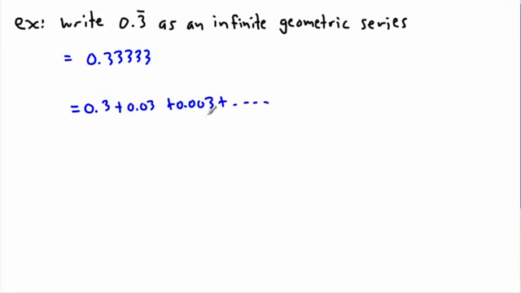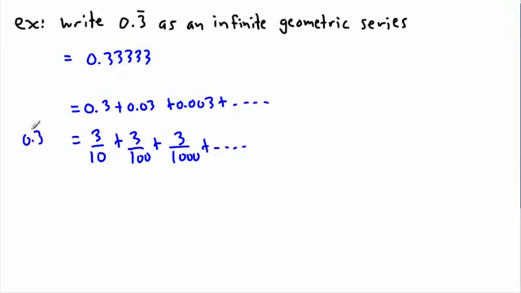But I just need to write this in a nicer form. Maybe I'll write this as a fraction. 0.3 is just equal to 3 over 10. So I can say that's equal to 3 over 10 plus 3 over 100 plus 3 over 1,000, and so on. That's all we needed to do for this. It's really easy.